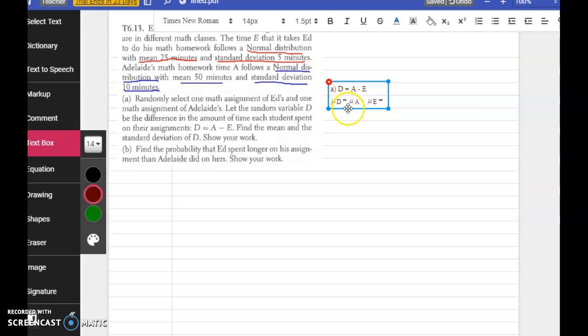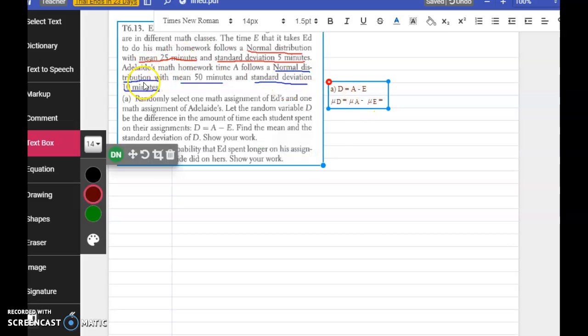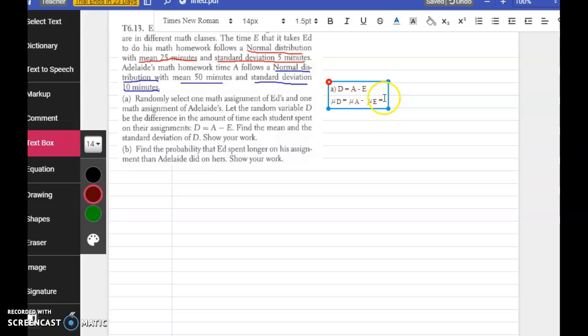So the mu of D is going to be the difference of Adelaide and Ed's means. So mu A, and we saw that was 50 minutes. So Adelaide's mean was 50 minus Ed's was 25. And that difference, you get 25 minutes. So the mean of the difference is 25.